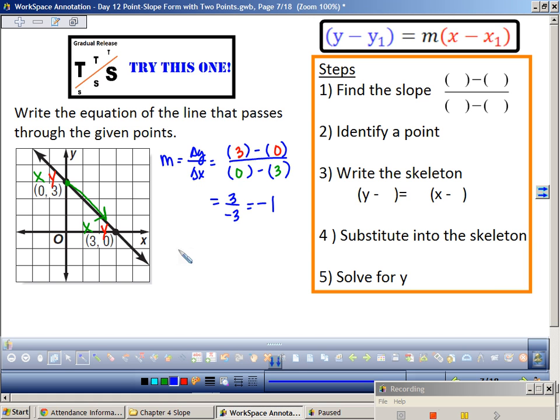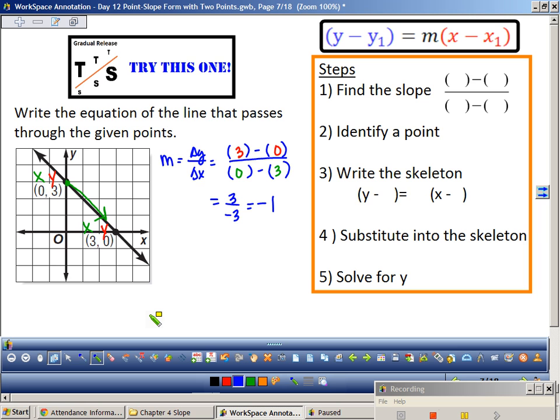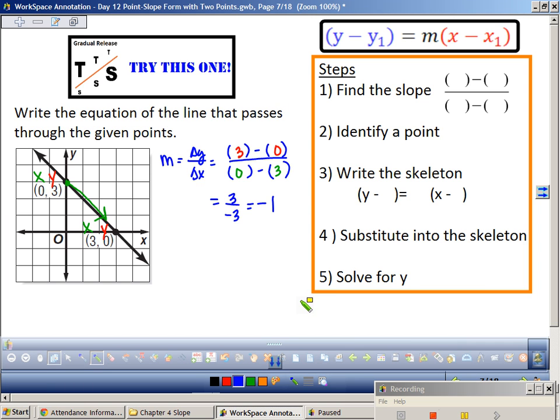How about Mario? What do I do next, Mario? We have steps here. We identified a point. Good. So we know our slope.